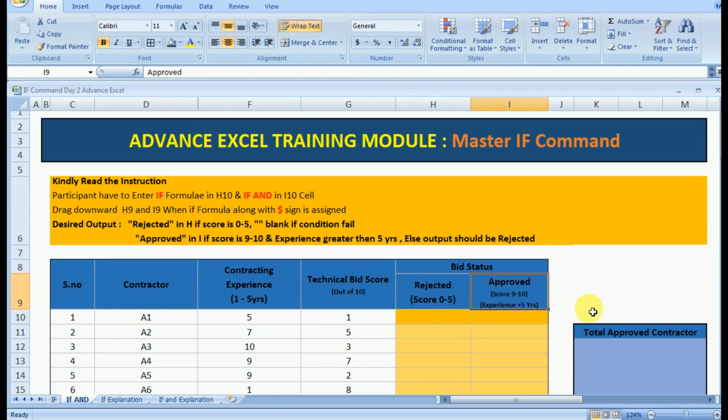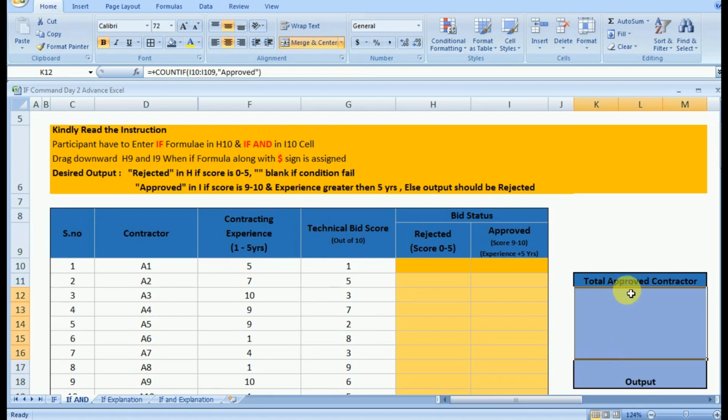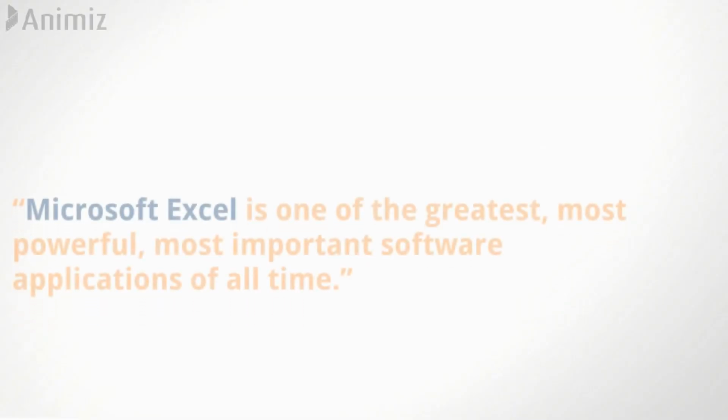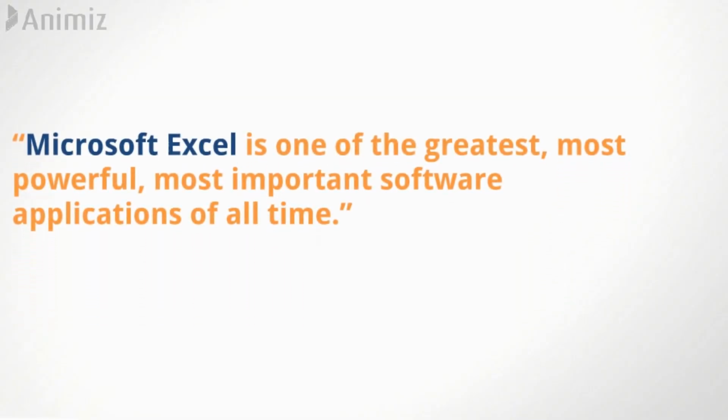Based on the condition you apply in the if command, when you drag, you should get the total approved contractors. So a job which would otherwise take hours can be done within 10 seconds if you have the correct implementation of the if command.